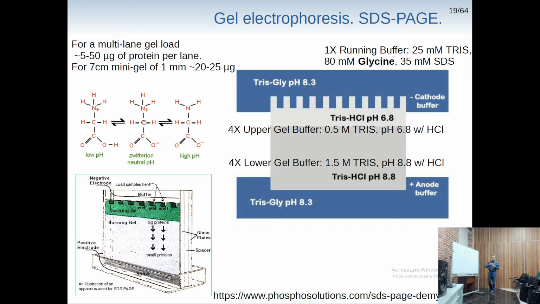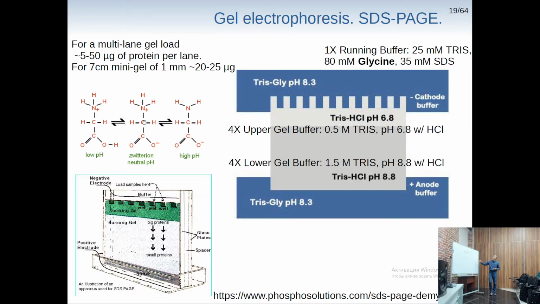And this interline between stacking and resolving gel will be the line where all the proteins will just stop. Because they can't move by themselves, they need some charge carriers to push them through, but there is nothing here yet.